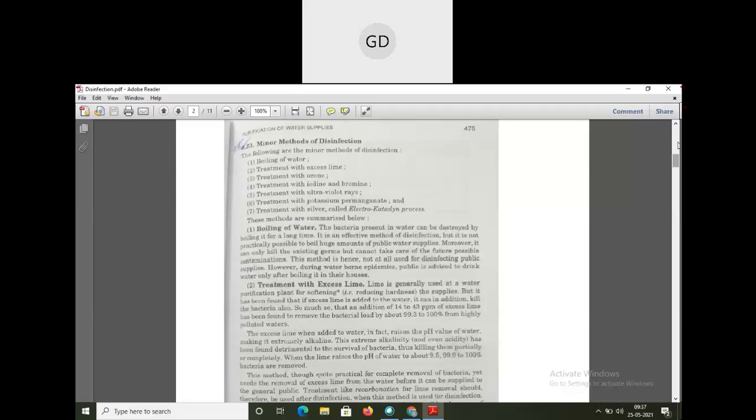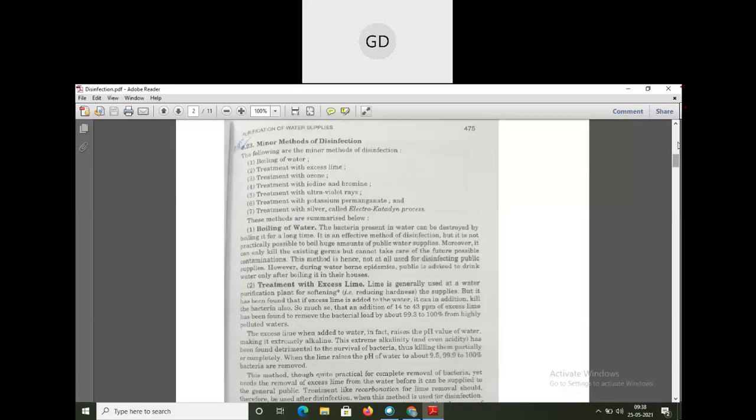This alkalinity, or acidity, is very harmful for the survival of the bacteria. Bacteria cannot survive in highly alkaline or highly acidic water, so that will kill the bacteria partially, or it can remove them completely also.